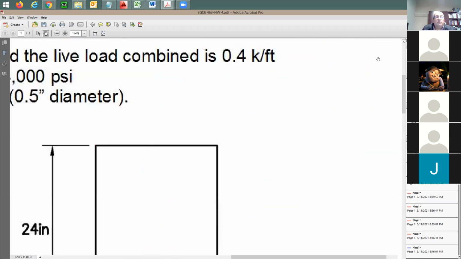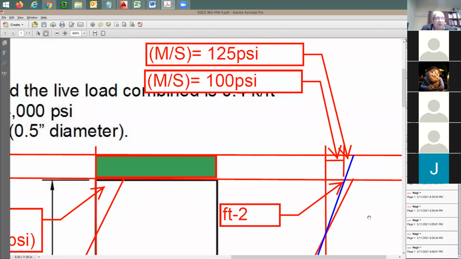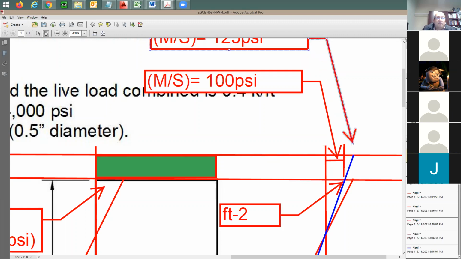Okay, so where is this 125? It's going to be from this blue stress, from here to there, right? And where's the 100? The 100 is from this point to that point. Are you good about this or not really? So the stress from this point to that point is going to be 125.